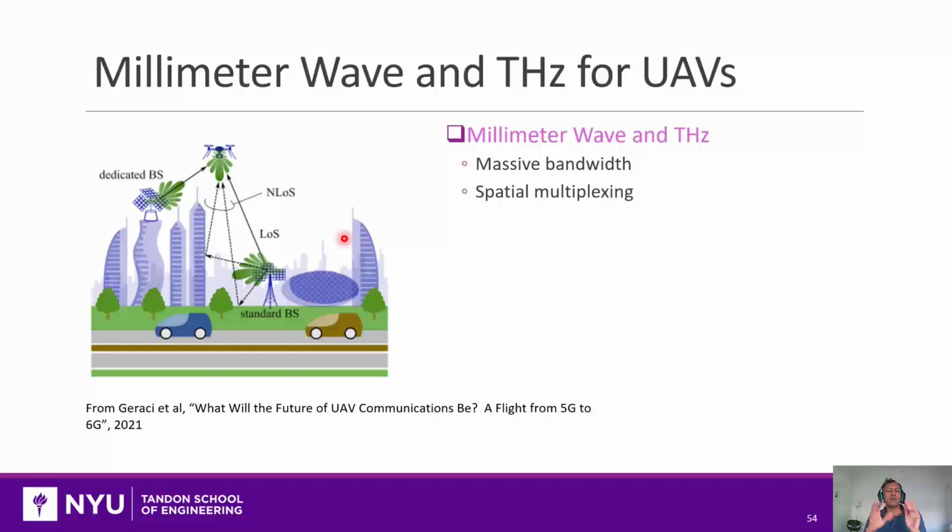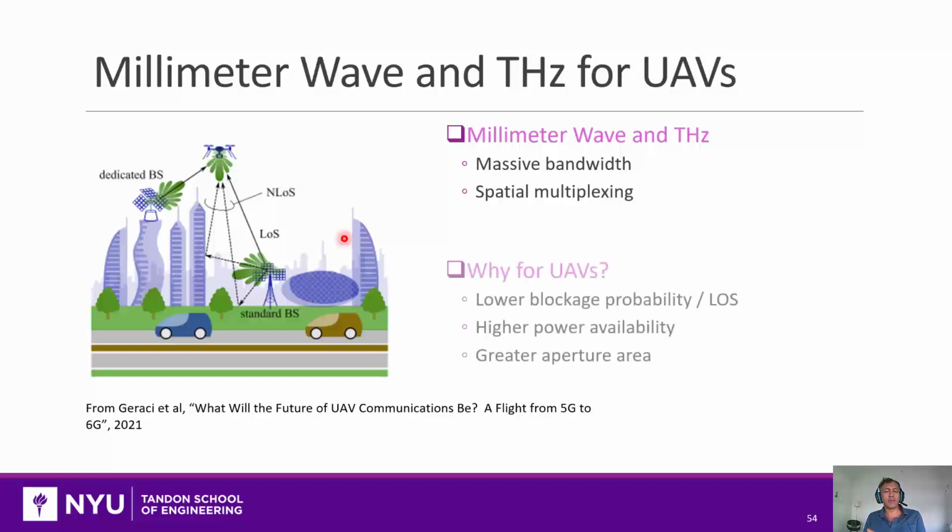So millimeter wave and terahertz, of course, are generally attractive because they have very high bandwidth and you get gains from spatial multiplexing. But they're particularly, or at least possibly, attractive for UAVs for a couple of reasons. First of all, if you're aiming up in the sky, you have a much better chance of not being blocked and getting a line of sight link, which is where these technologies really shine.